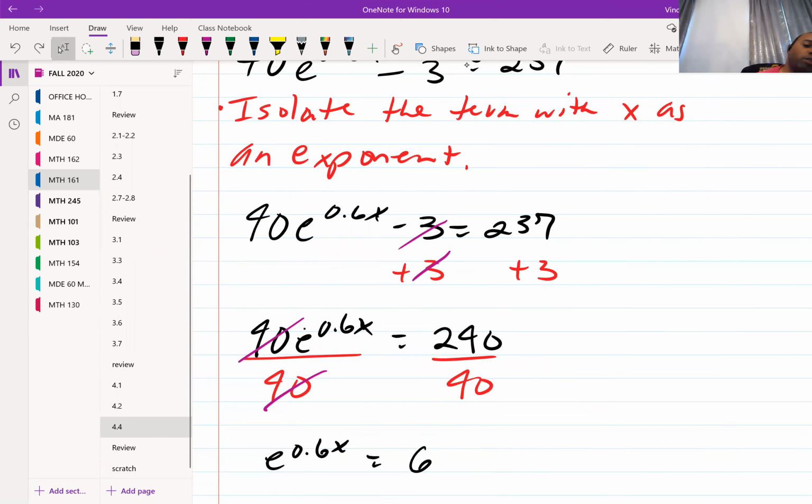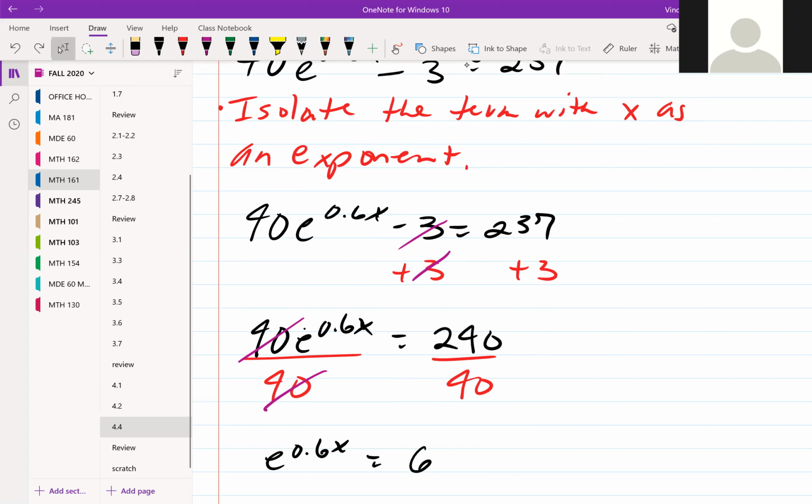That'll give us e to the 0.6x equal to 6. All right, questions so far? So you don't have to get x by itself? Well, we're not finished. That's what I said, questions so far. But you do want to isolate that term that has x as an exponent.